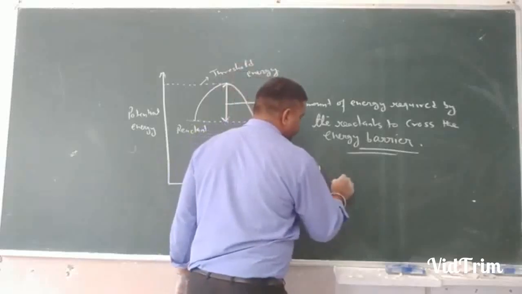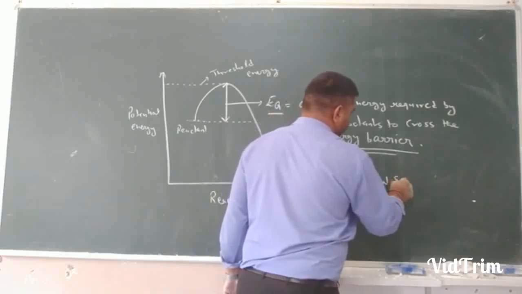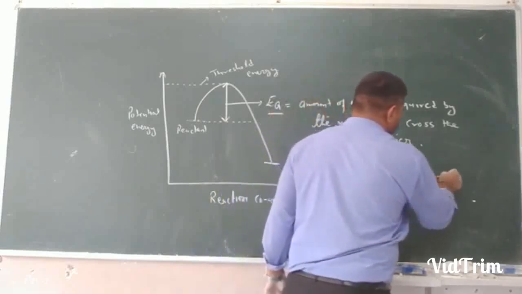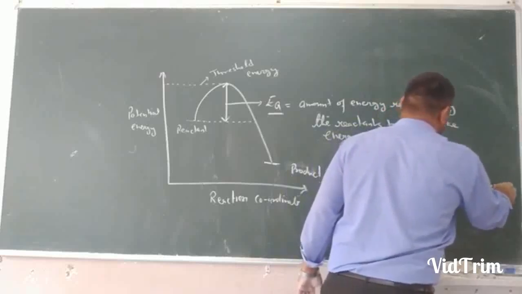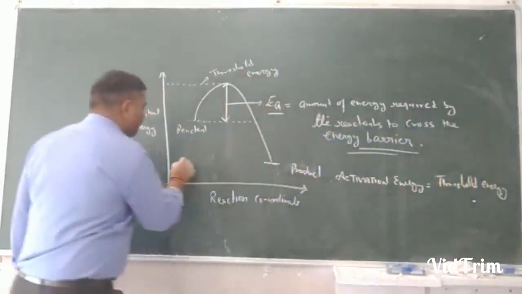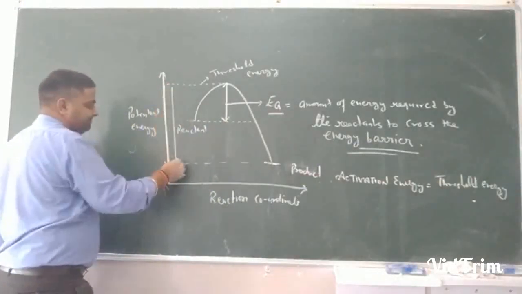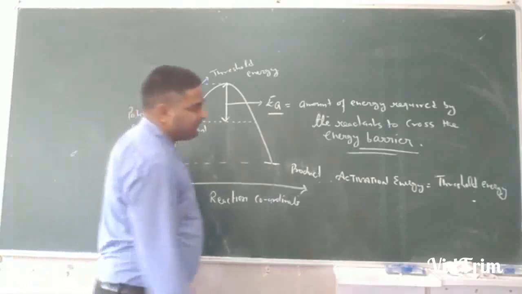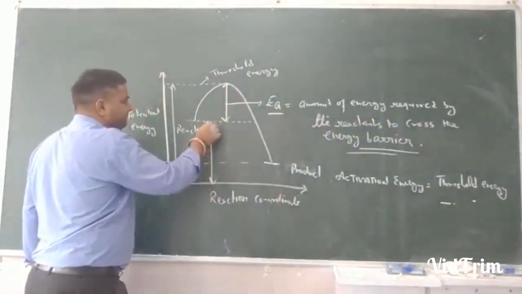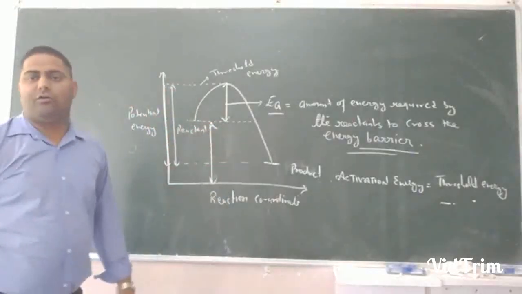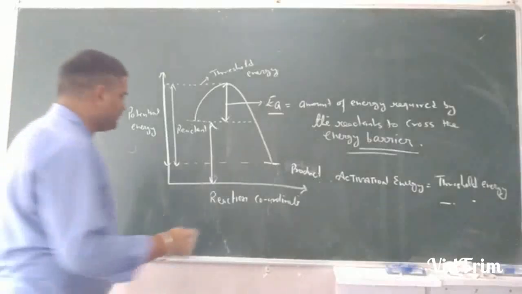So we say activation energy equals threshold energy. That means the energy from here to here is threshold energy minus the initial energy of the reactant, the energy the reactant already has.